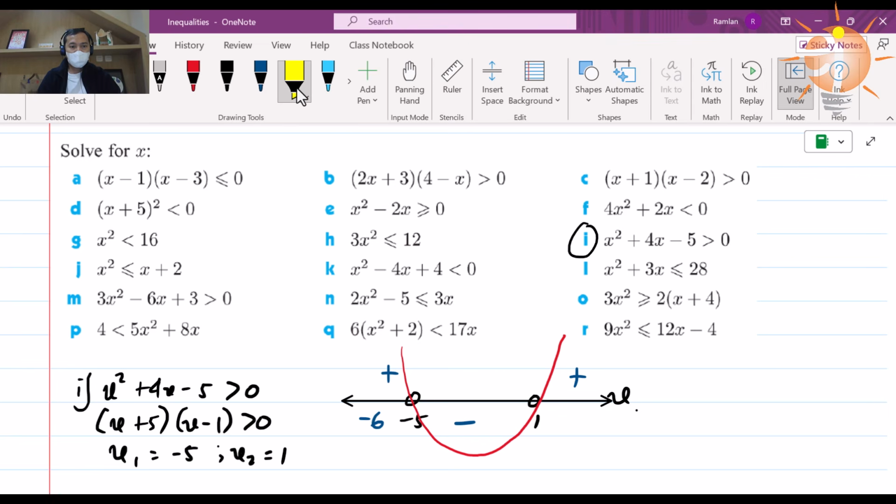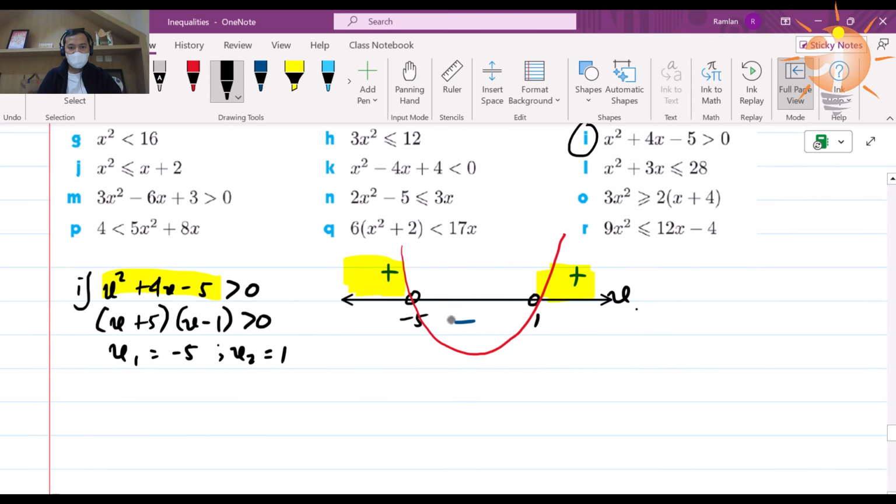And then the last thing you need to see is that the question tells you to find a positive number, because it says that it's greater than 0. So the positive numbers should be on the left side of negative 5 and on the right side of 1. So the final answer for this one, because the variable is x, we can write down x such that the first part goes from negative 5 to the left, so x is less than negative 5.